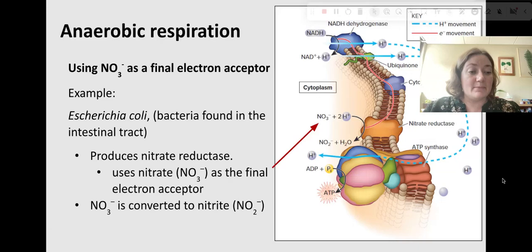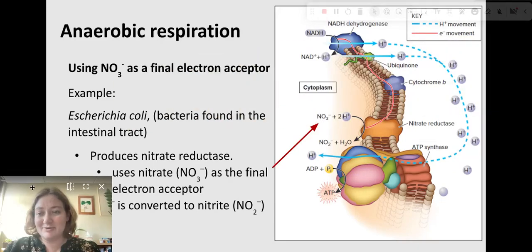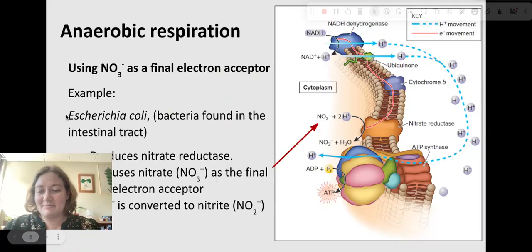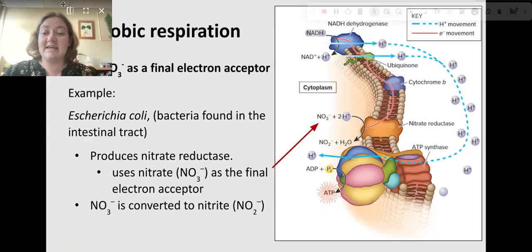If we look at an example of this here, anaerobic respiration in this example uses nitrate, NO3 negative, as the final electron acceptor. The bacteria E. coli, which we typically find in our intestines, has the ability to use nitrate as its electron acceptor instead of oxygen.